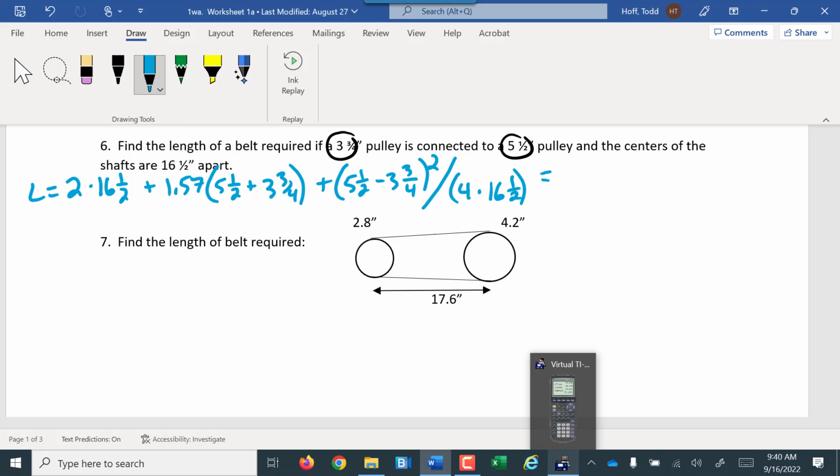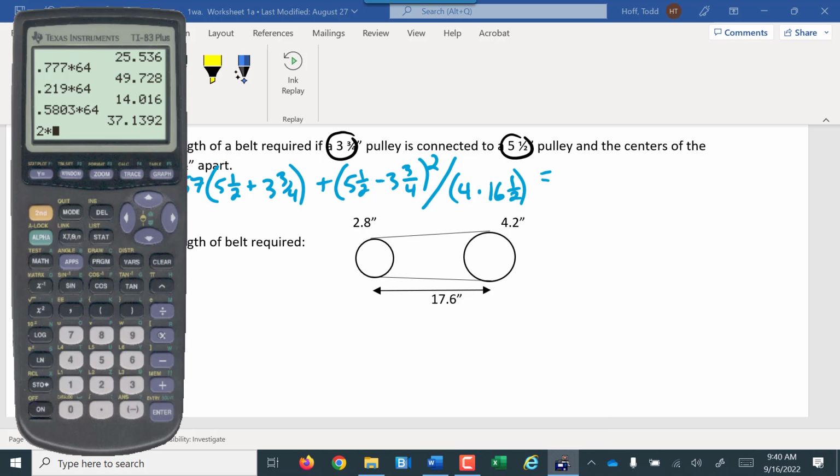Fortunately, this can be done on our calculator. And fortunately, all these numbers are real easy to convert into decimal. 2 times 16 1/2 is just 2 times 16.5, plus the 1.57 times my parentheses. 5 1/2 is just 5.5 plus 3 3/4 is 3.75.